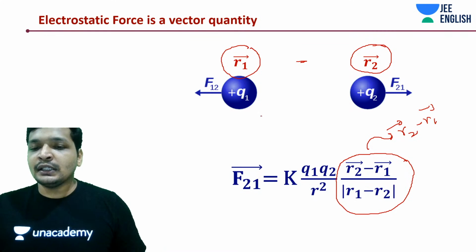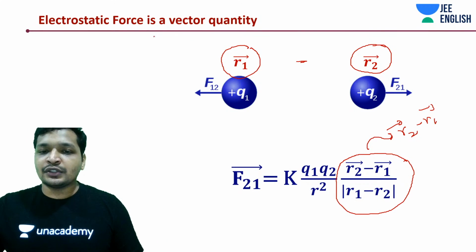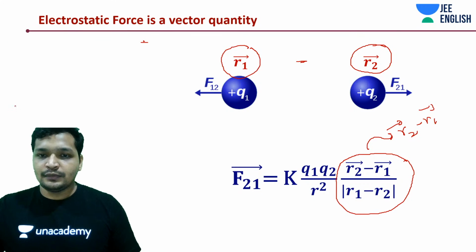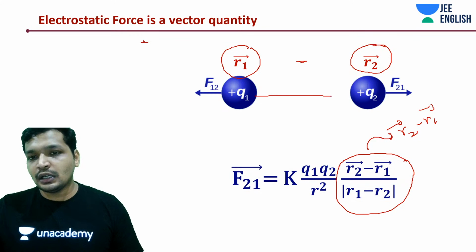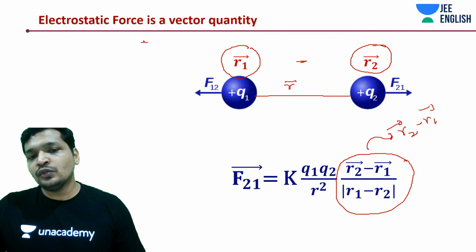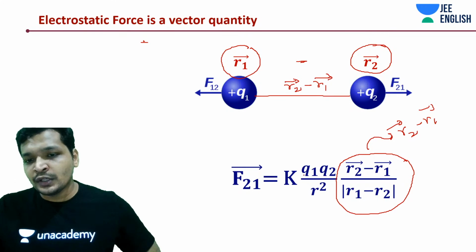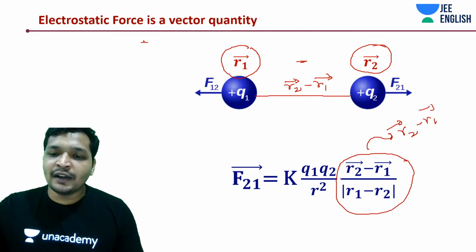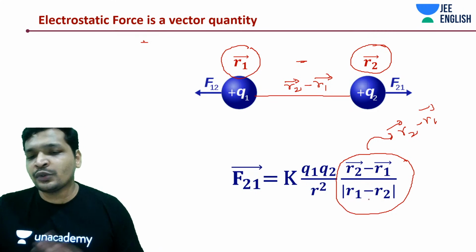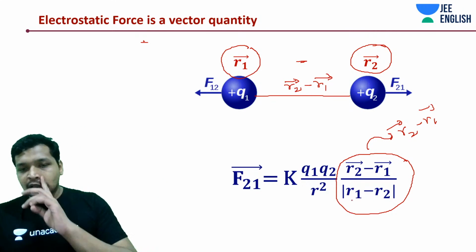So you will basically write down the position vector. I'm just talking about force F21. It's going to be R2 minus R1 divided by the mod of R2 minus R1, or R1 minus R2.